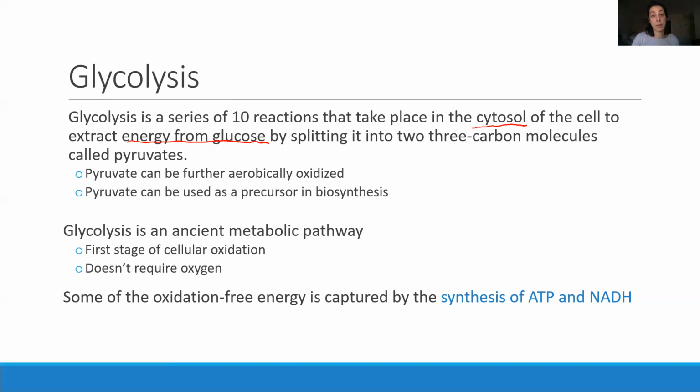So, at a cellular level, this is the first stage in which we start to oxidize products. And the key thing about glycolysis is that it doesn't require oxygen. So you can see this is connected to its ancient evolution. Before we had oxygen-rich environments, there needed to be organisms that could power themselves via breakdown of some product without using oxygen.